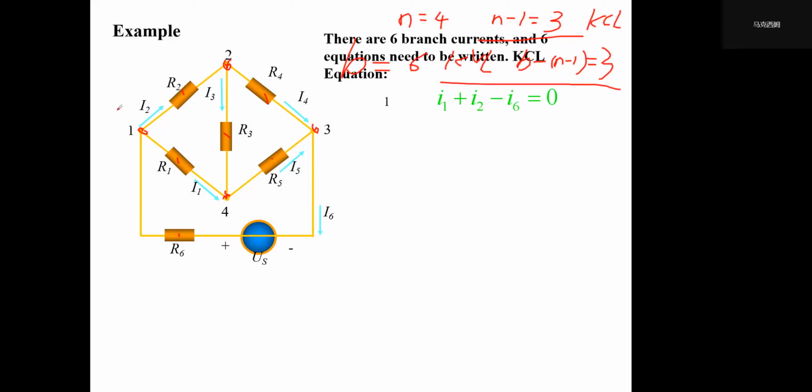So for node 1, we can have I1 plus I2 minus I6 equals 0.